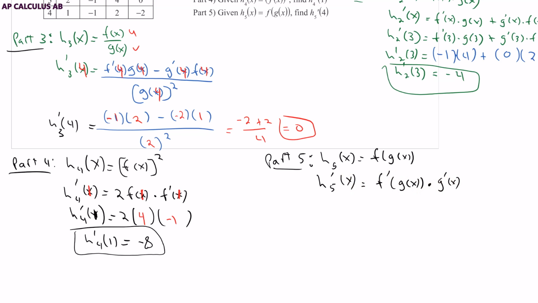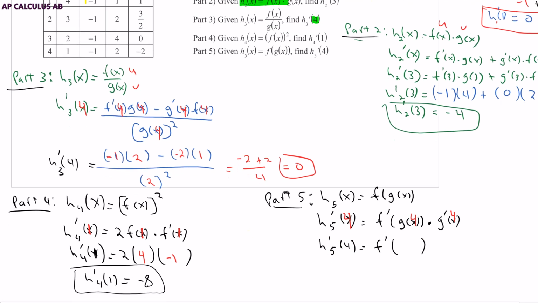And we're trying to find this evaluated at 4. So we're going to replace all our x's with 4, right? So h prime of 4 is going to be f prime of g of 4, which here is 2, times g prime of 4, which is negative 2.